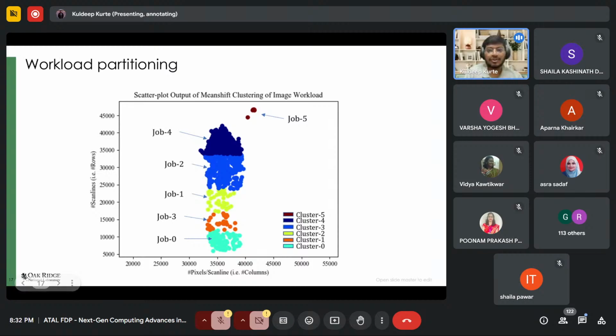The nature of the data was such that it was image data, and for us, the easiest way was to just check the number of rows and number of columns, and based on that, group the data into different partitions. But we can have some more complex strategy also, based on the image characteristics or the information content in the image.